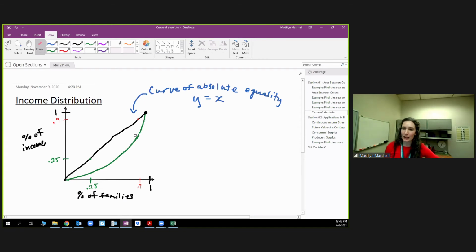So the Lorenz curve is a curve that represents the actual distribution of wealth, I should say income, in a specific country. The curve of absolute equality is there as a reference.